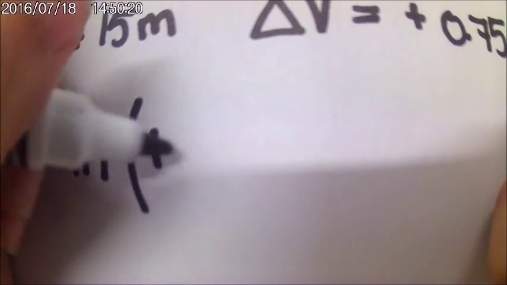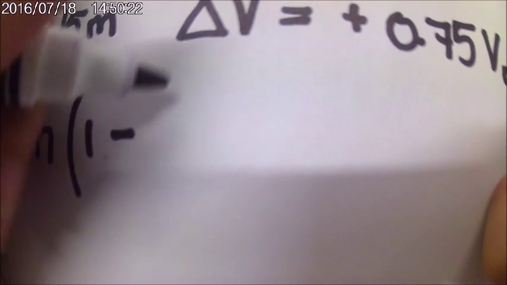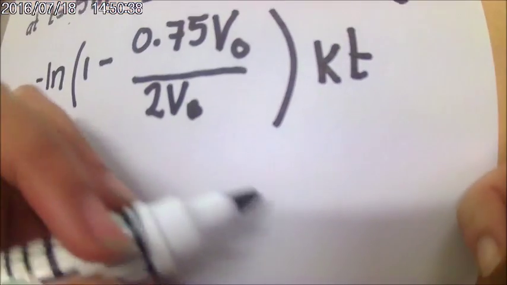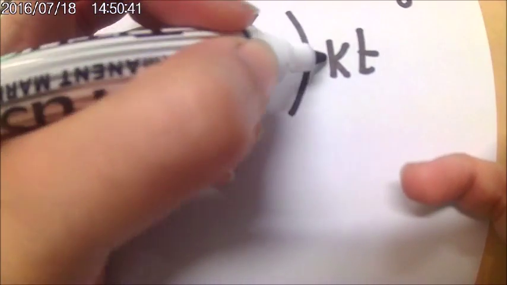we get negative ln of 1 minus 0.75 V naught over 2 V naught equals kT, where T is 15.